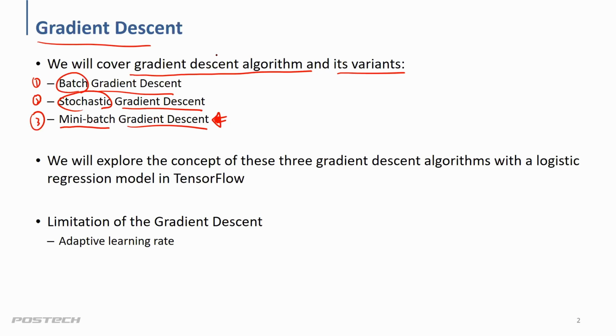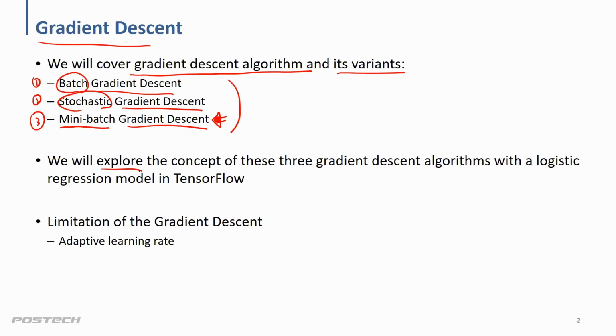Batch gradient descent means I'm going to use the entire training data set for each iteration. Stochastic means I'm going to randomly pick one of the training examples, and mini batch is kind of in between.